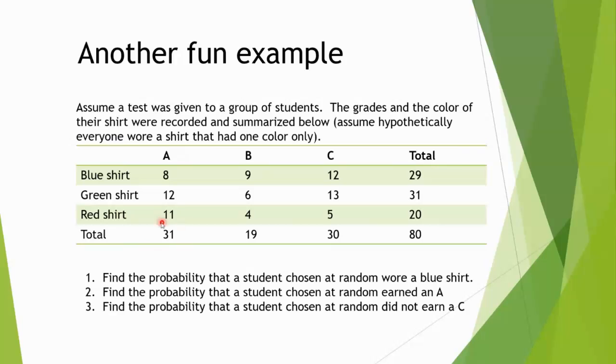How many students are there altogether? 80. So it would be 31 over 80. There's 31 ways we can choose a student that earned an A. There's 80 students altogether, so 31 out of 80. Now, what about students who did not earn a C? Well, there's two ways of doing that. What's the probability that a student chosen earned a C?